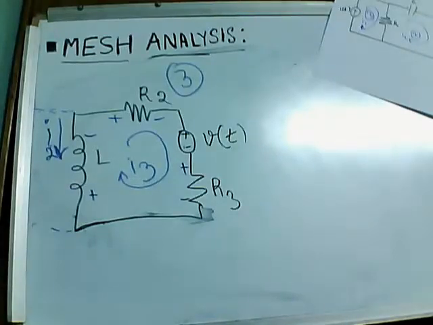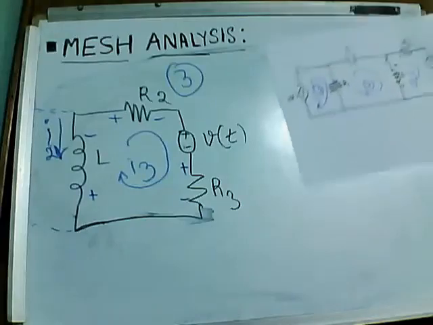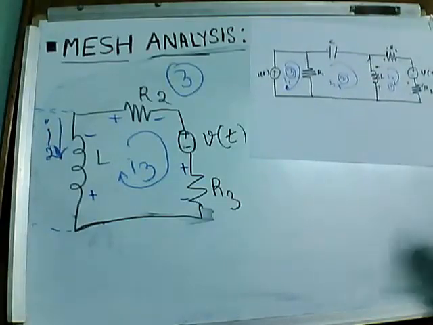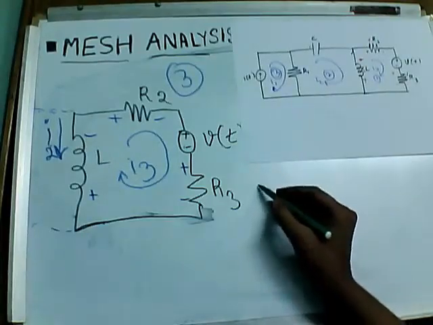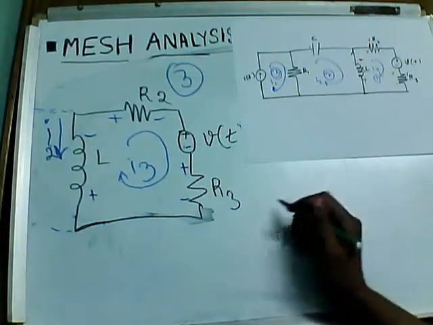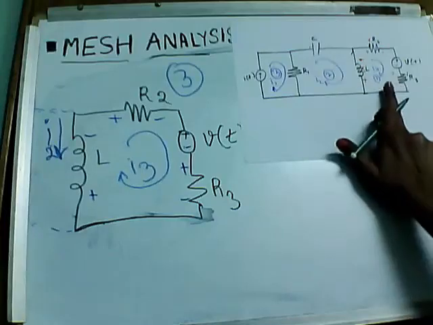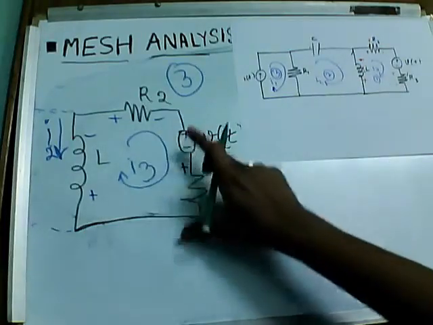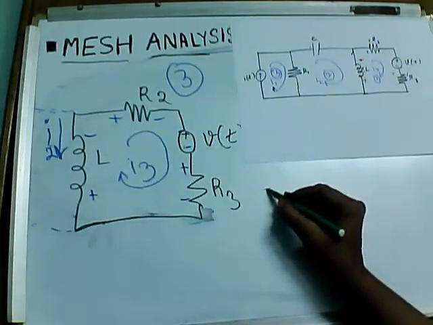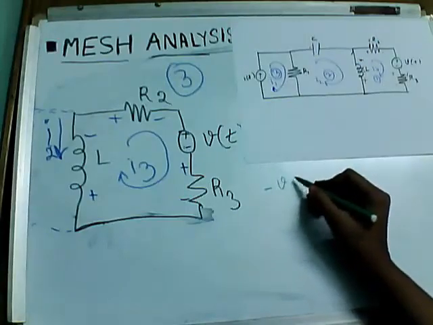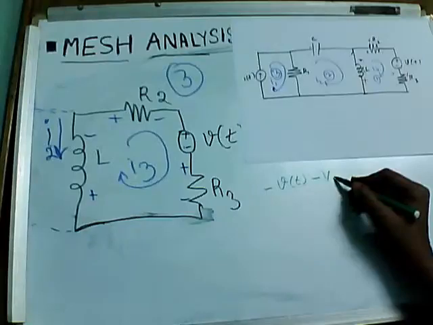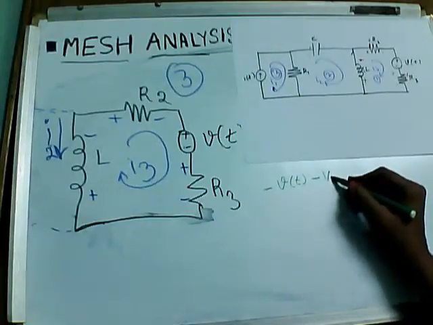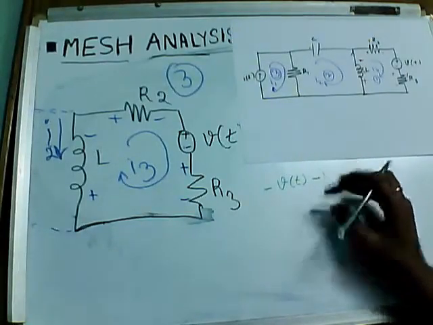So how will we write the equation? Minus V of t minus VR3. VR3 is what?